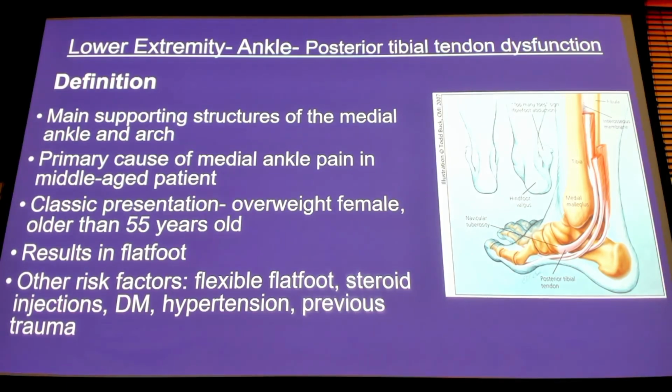You have to be able to differentiate, because a patient like this has what we call pes planus, right? We were talking about this yesterday. So now the foot is in a little bit of pronation, and if it's a heavyset patient, you have to wonder what else is going on.